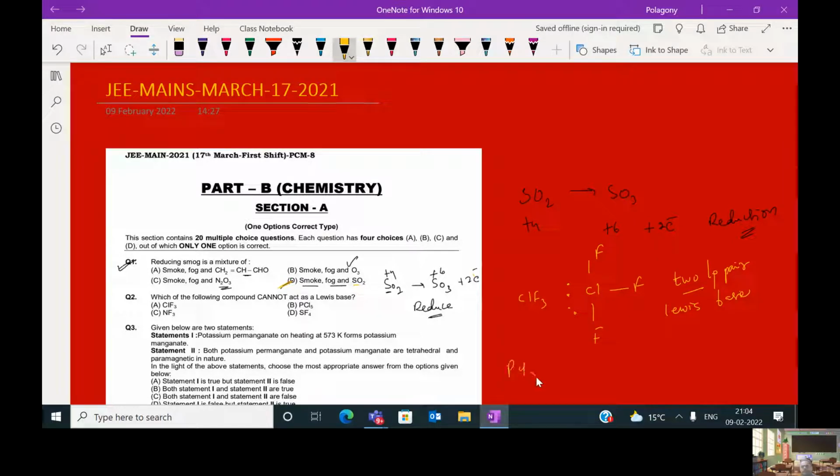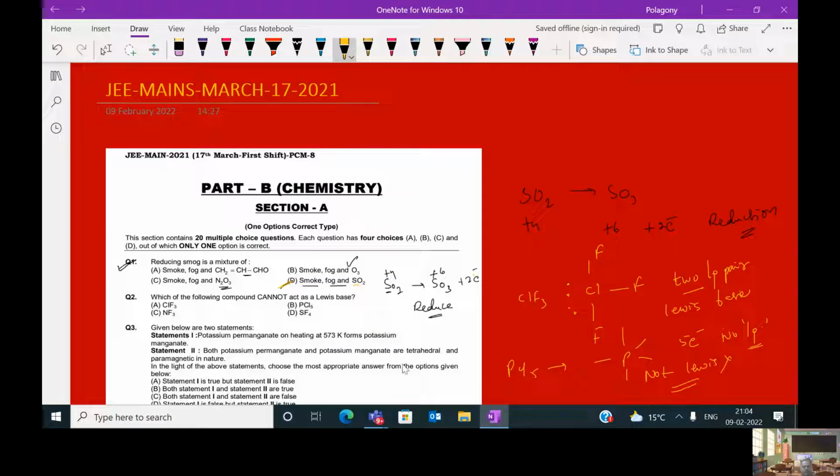And if you take the PCl5 compound, phosphorus makes 5 bonds, so the 5 valence electrons of phosphorus are completely used. There are no lone pair electrons. It cannot be a Lewis base.